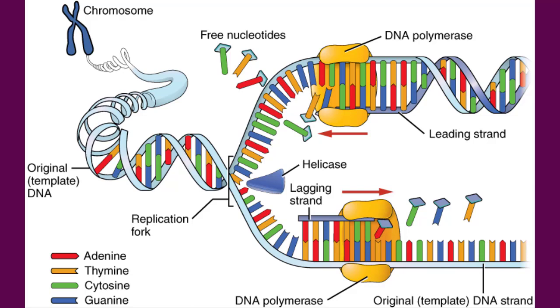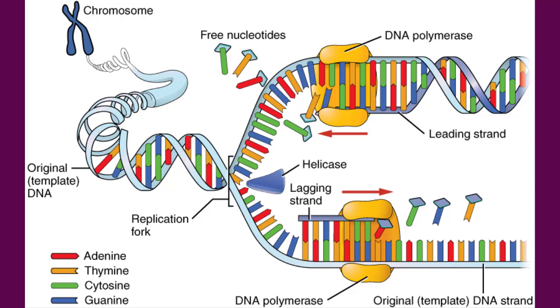And the last stage, stage 3, is called the termination stage. Once the two original strands are bound to their own finished complementary strands, DNA replication is stopped and the two new identical DNA molecules are complete. Each new DNA molecule contains one strand from the original molecule and one newly synthesized strand.